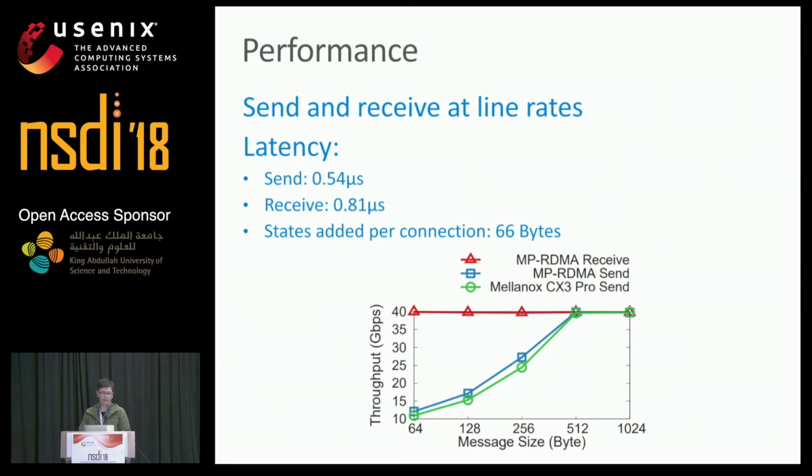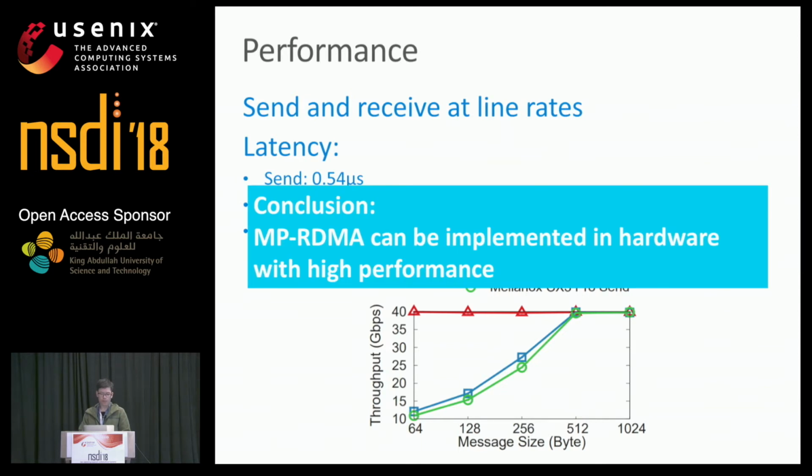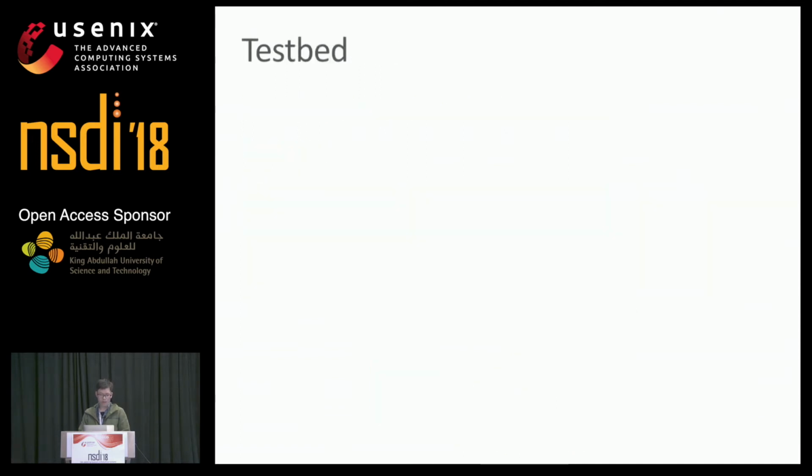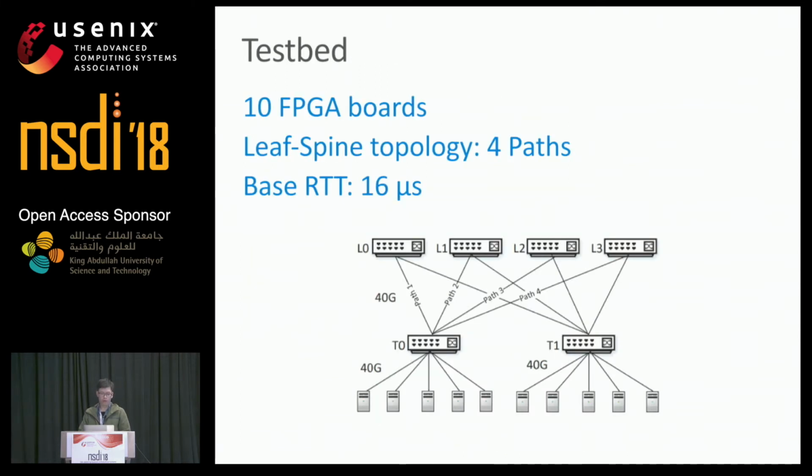And because of our previously introduced mechanisms, all the state that we need for each connection is only 66 bytes. This means that our multipath RDMA can be implemented in hardware with very high performance. We have further used 10 FPGA boards to set up a leaf-spine topology, constructing 4 equal-cost paths, and the base RTT in our testbed is 16 microseconds.